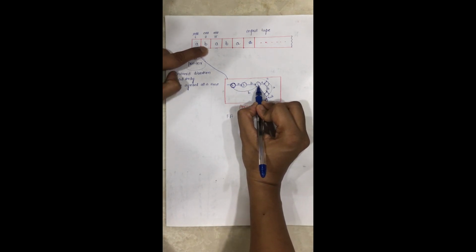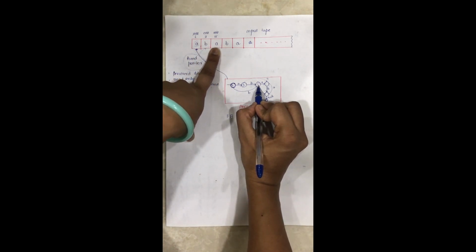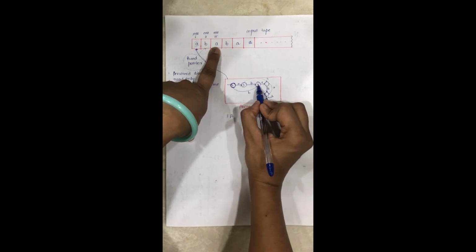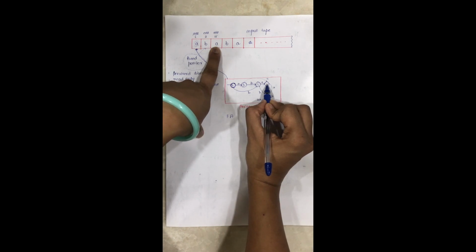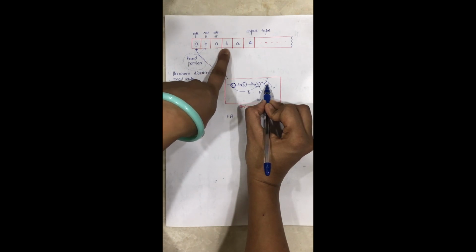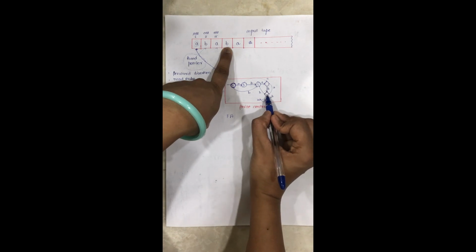Now the head pointer will advance one cell to the right. Now it will point to cell third. At cell third the symbol is small a. After reading small a we will move to the next state. Right. Now the head pointer again will advance one cell to the right and point to cell fourth. Here the symbol is B. After reading B we will move to the next state.